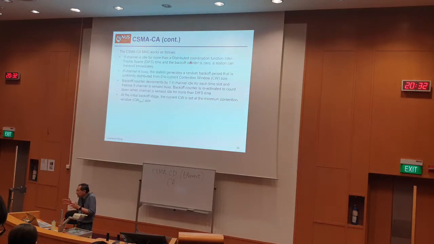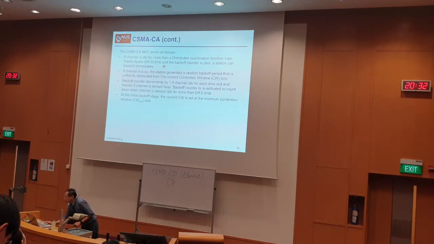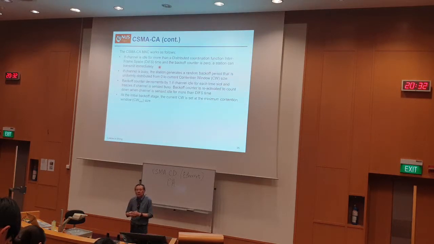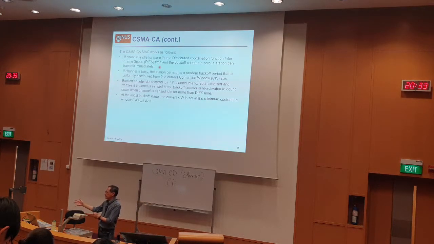You defer your transmission for a minimum period called the DIFS time. The name is long: Distributed Coordination Function Interframe Space, DIFS. Only after the DIFS period do you send. Why? This is to ensure that it's really, really idle before you send.